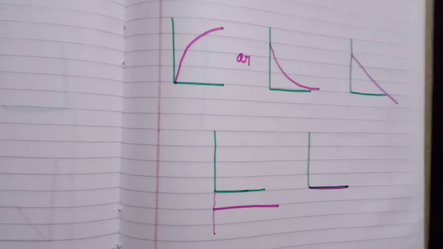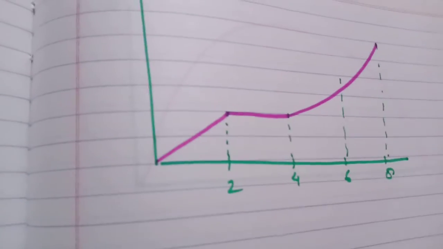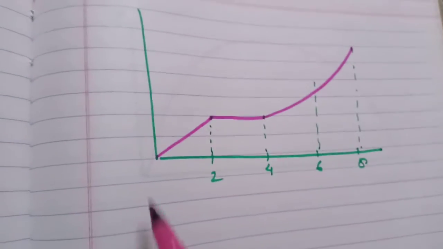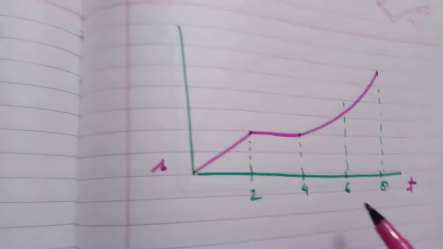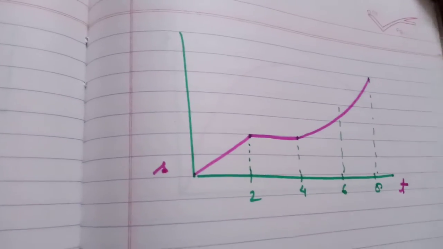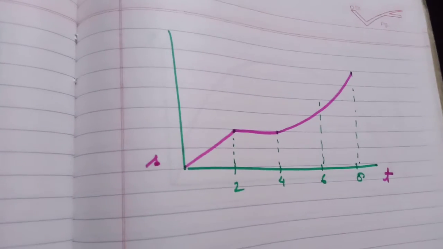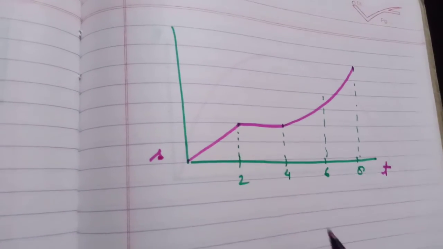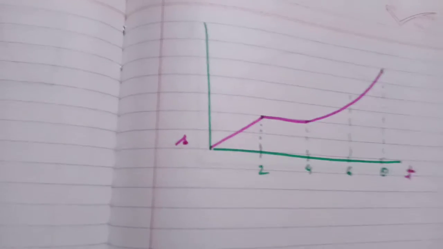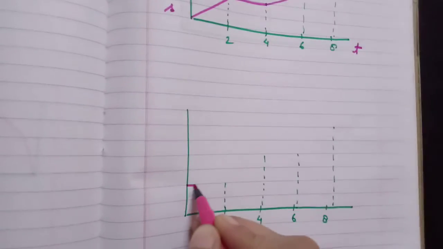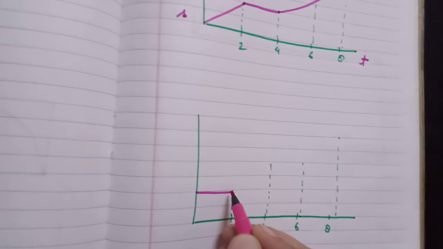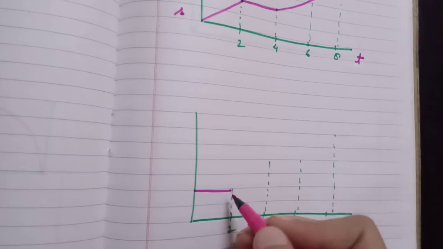Let's take an example. Okay, that is an ST graph. If we draw the VT graph of this condition, this type of line is drawn like this in the VT graph.